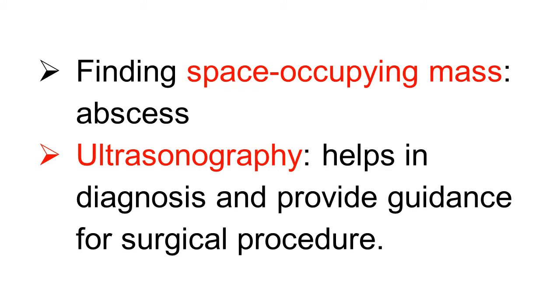This can be confirmed by the ultrasonographic method. Ultrasonography not only helps in the diagnosis of deep abscess, but it also provides guidance for the surgical procedure, because if the location is known, then surgical procedures can be planned accordingly.